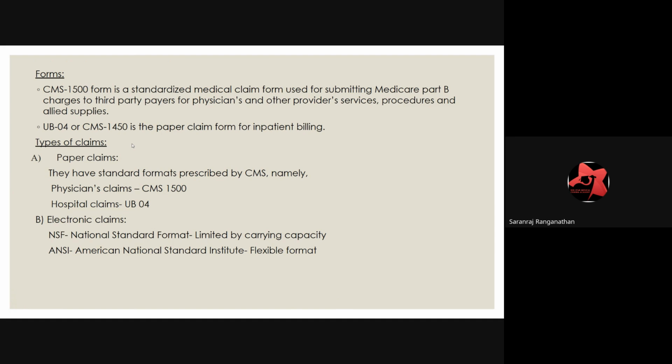First is the paper claim, second is the electronic claim. In the paper claim, the standard format prescribed by CMS is, namely, the physician claim, which means CMS 1500. Then the hospital claim, UB04. Then the electronic claim means NSF, which means National Standard Format, limited by carrying capacity. Then ANSI, American National Standards Institute, for the flexible format.